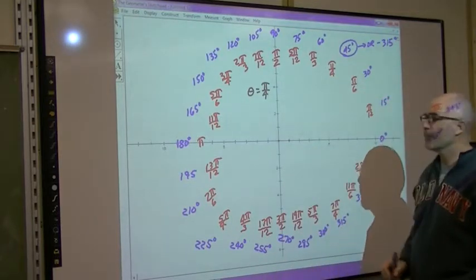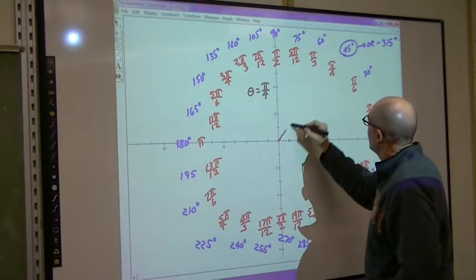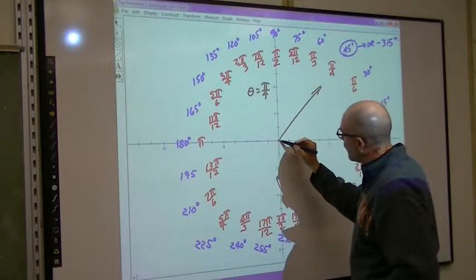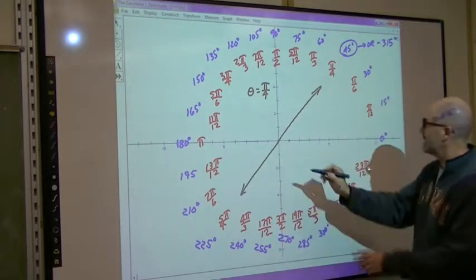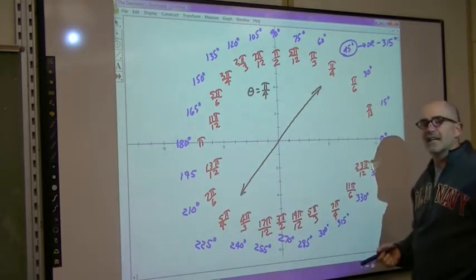What does theta equals pi over 4 look like? It looks like a line, nice, that goes toward pi over 4. And notice it goes the other direction too, because any line contains the positive or the negative. So there's my line, theta equals pi over 4.